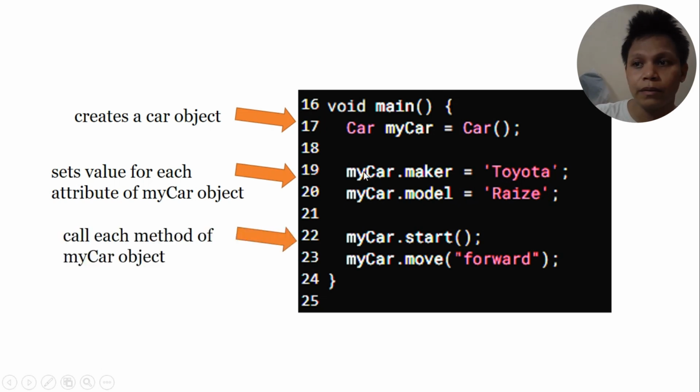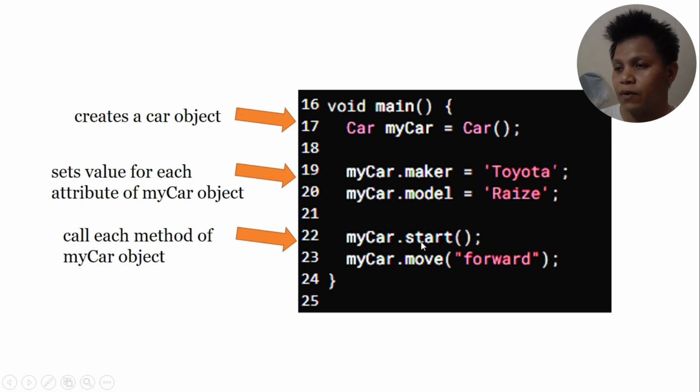And the third portion sa main function natin is line 22 and 23. It just simply calls each method sa my car object natin. So, first, we have the my car, period, then start, then open close parenthesis.